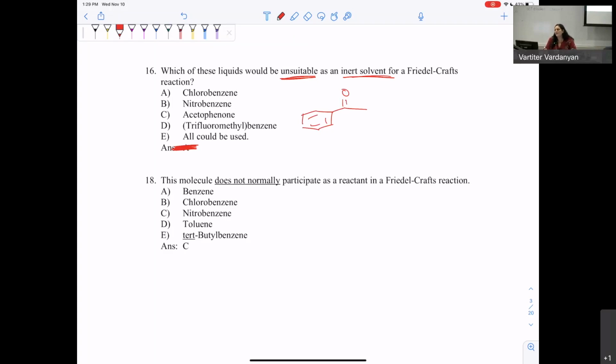Then trifluoromethylbenzene, that's just this. Nitrobenzene is a strong deactivator. The only weak deactivators are halogens.